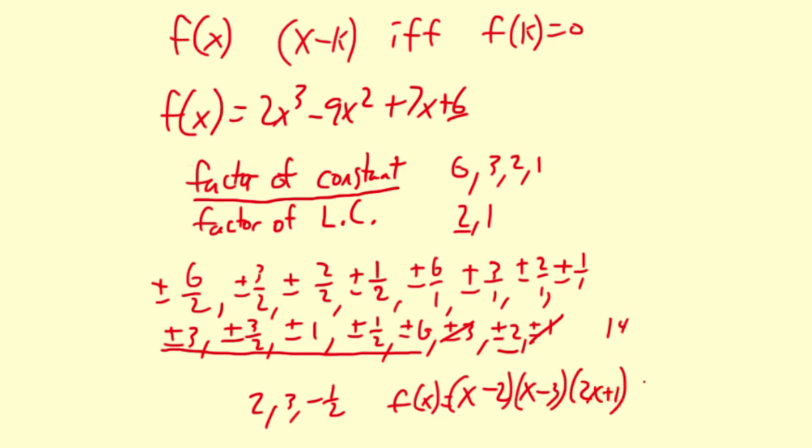And that's how you get these zeros from the factors. So all of these fit on the list. 2 is on the list right here, plus 2. 3 is on the list, plus 3. Negative 1 half, that is on the list, negative 1 half.